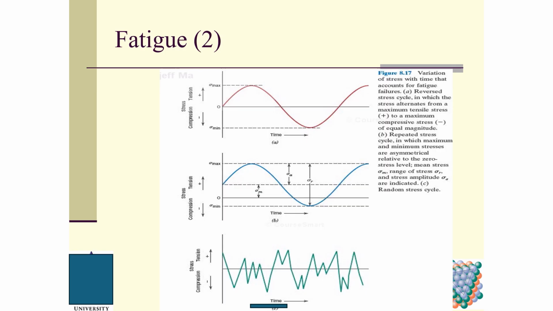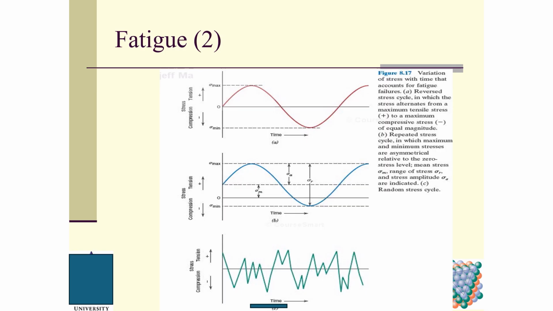And here is the fatigue. These are three different figures. Figure A is reverse stress. You can see it goes from 0 to maximum, then down to the minimum, maximum and minimum. Here the sigma m is not equal to 0, and sigma m is positive.